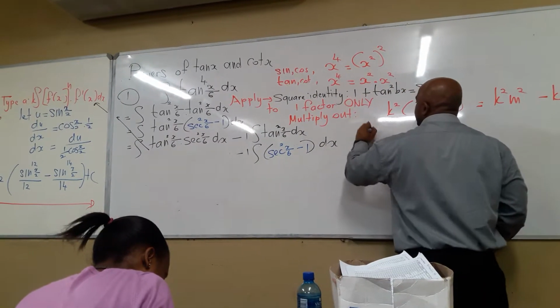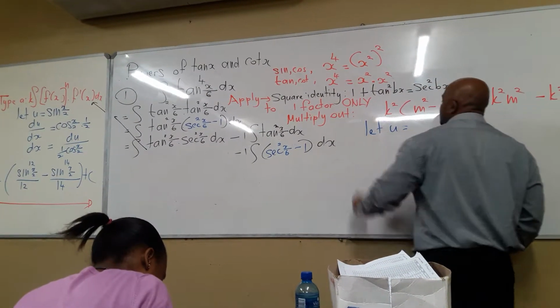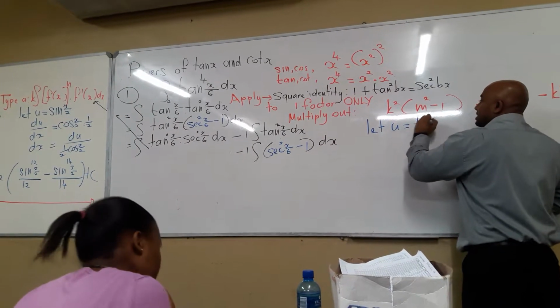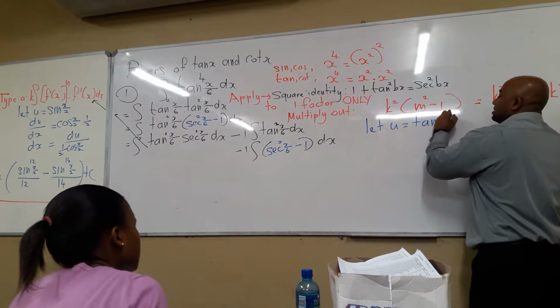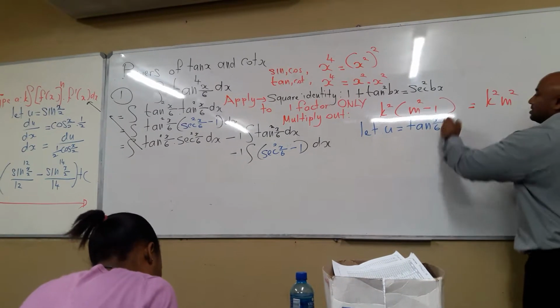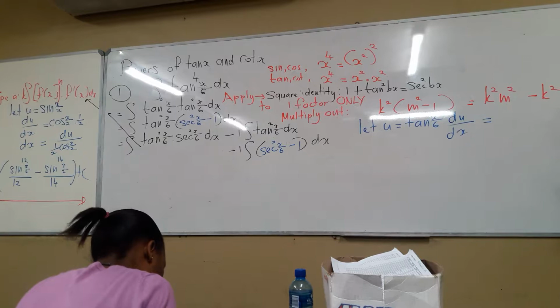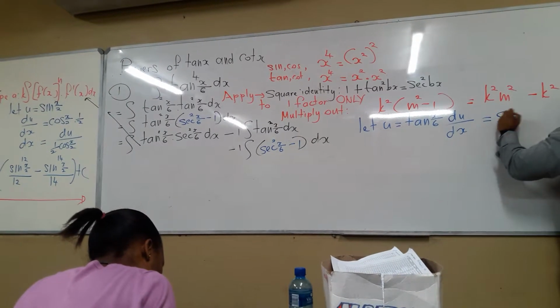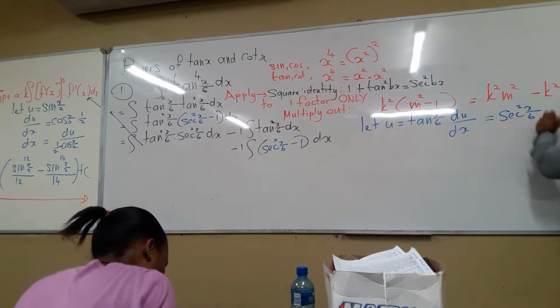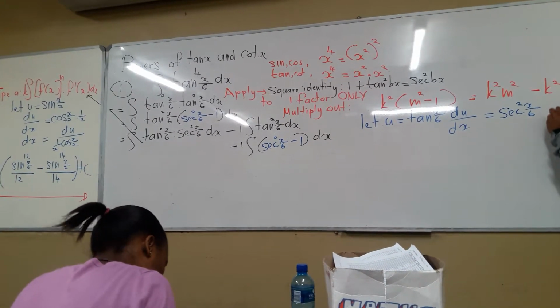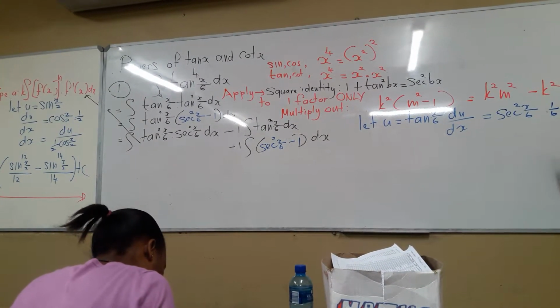So now, you're going to let u equal to tan of x over 6. So, du over dx, what is the derivative of tan? It's going to be sec squared x over 6 times the derivative of x over 6, which is 1 over 6.